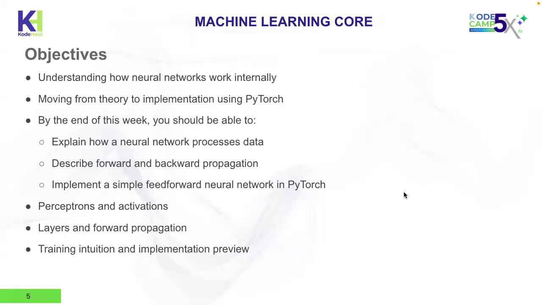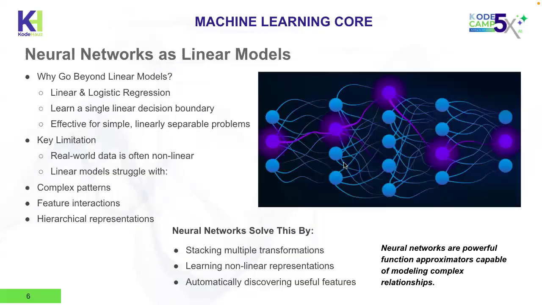Okay, so let's go. So what's a neural network, right? A neural network is basically an embodiment of a linear model. So we started off this training by looking at linear regression.